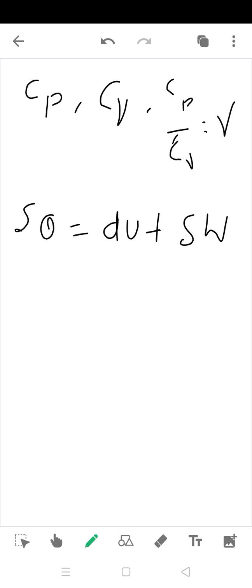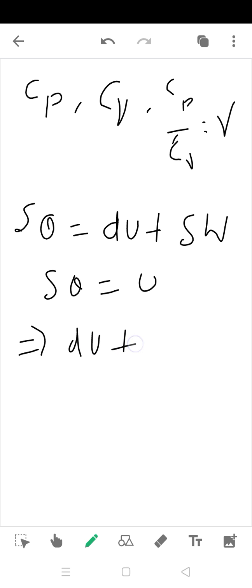According to the first law of thermodynamics, del Q = dU + del W. As the process is adiabatic, del Q will be 0. Hence the equation will be dU + del W = 0.